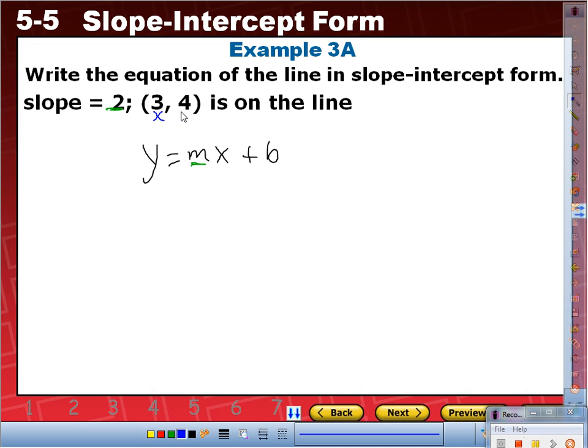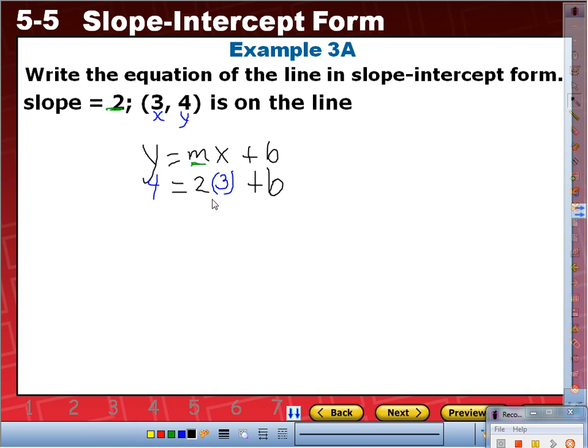We know what x is, and we know what y is. If I substitute all these in here, x is 3, y is 4, my slope is 2, and I bring down the plus b. So what is the only thing I need to solve for? b, because that's what I'm missing for my equation.